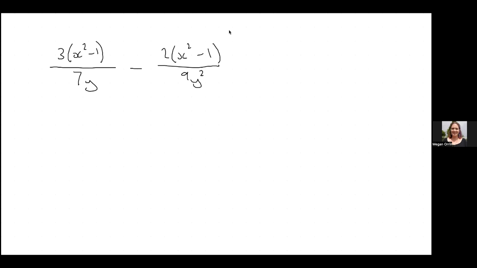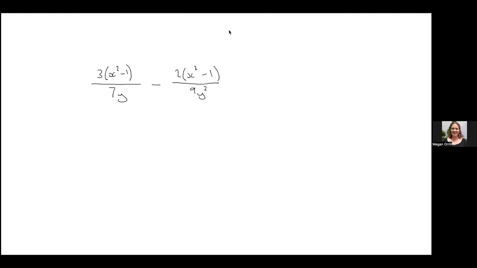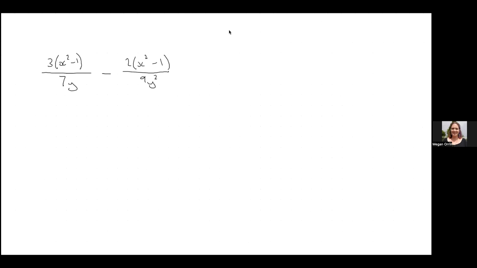What do I need to do? Okay, I'm not going to expand my brackets at the moment. I'm just going to worry about the bottom parts of my fractions. So what do I need to multiply this fraction by? 9y. Good. And what do I need to multiply this by? Just 7. Okay. That way the bottoms will match.